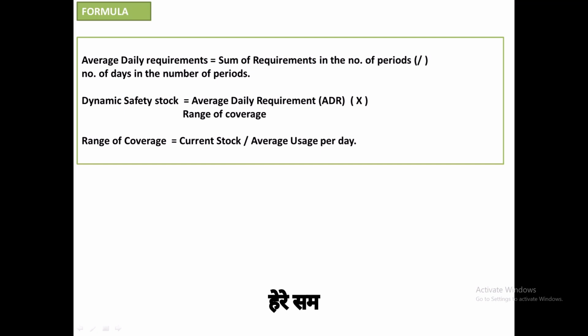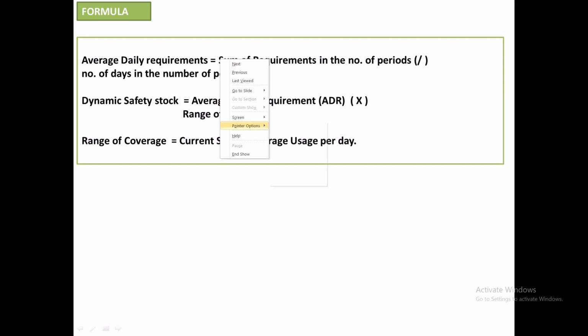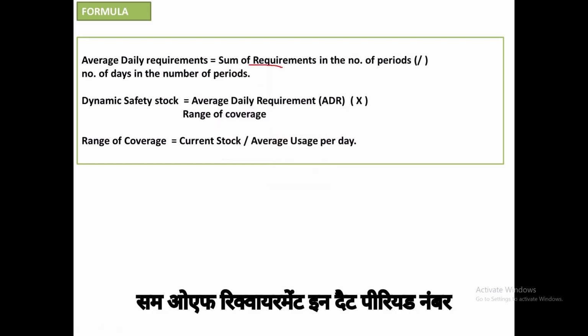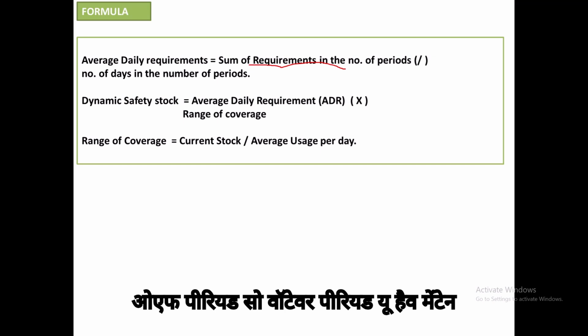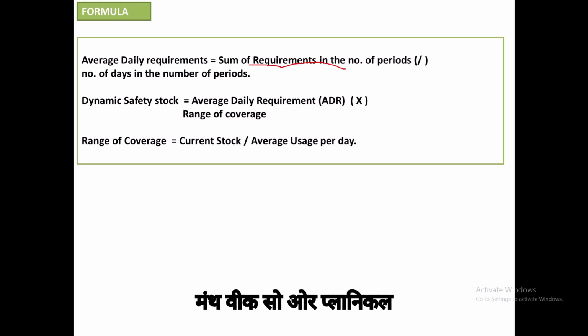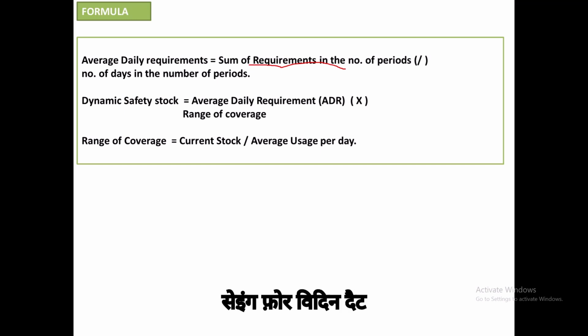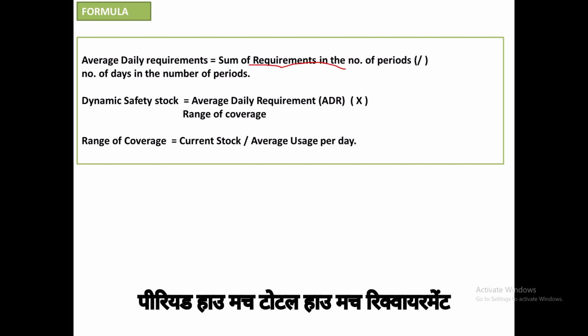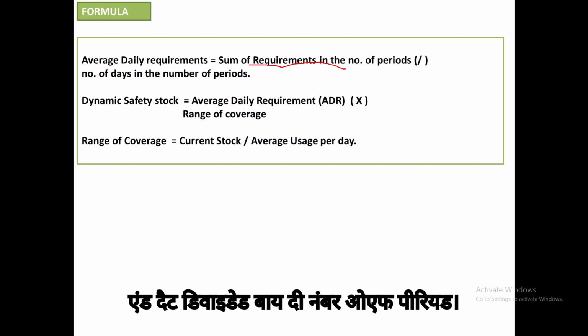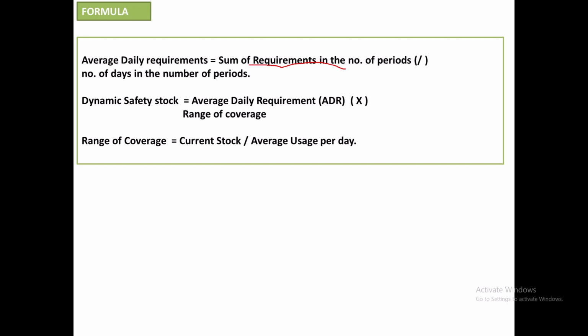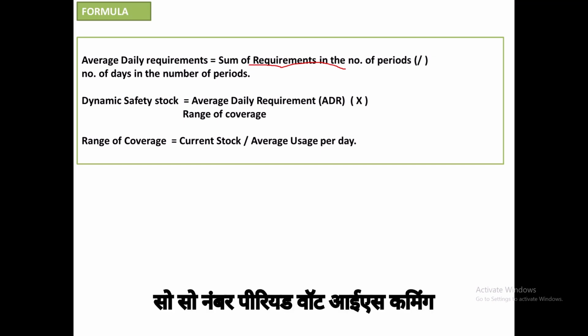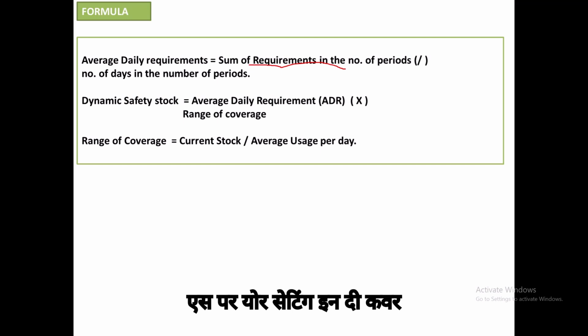It is the sum of requirement in that period divided by the number of periods, whatever period you have maintained, month, week, planning calendar or standard period, as per your setting in the coverage profile.